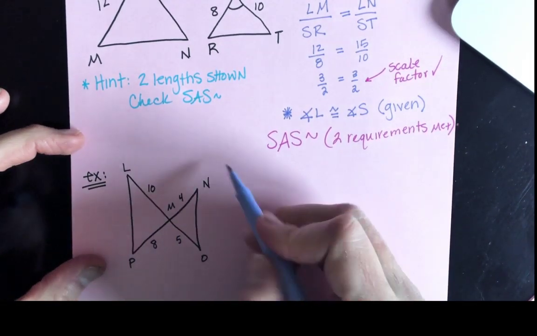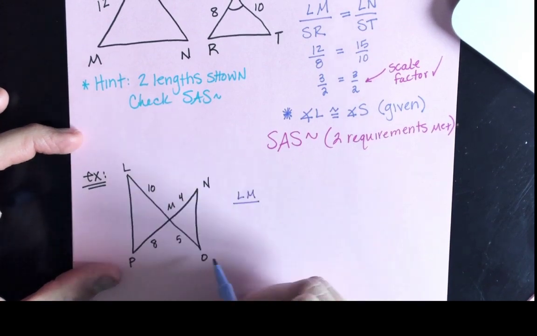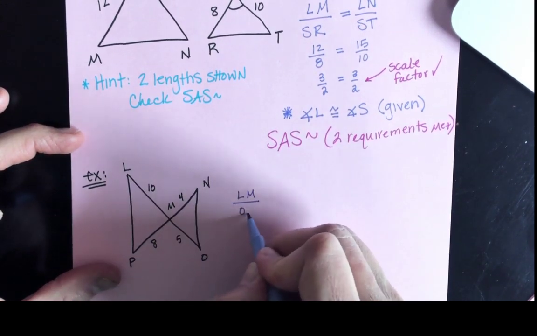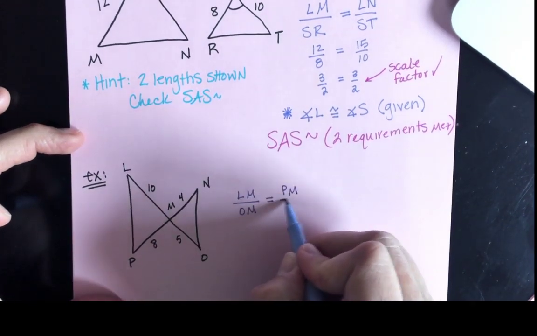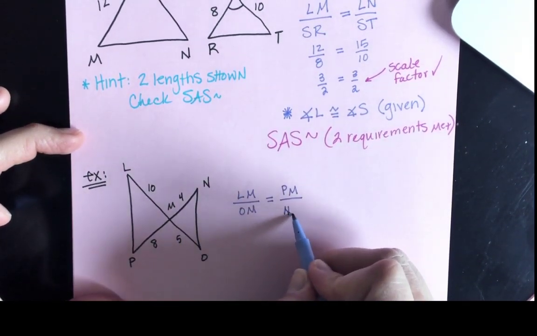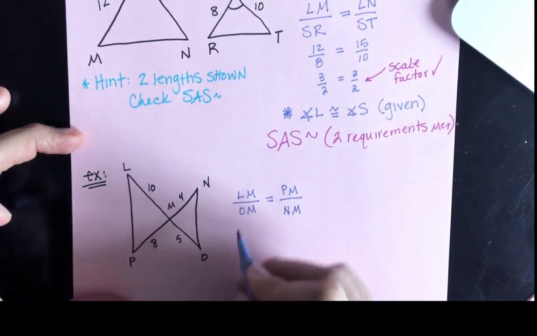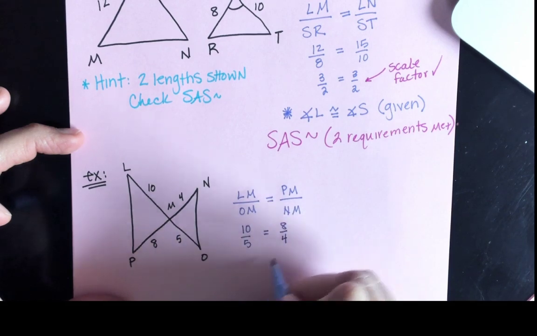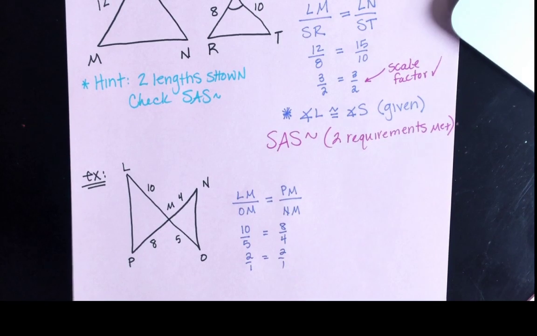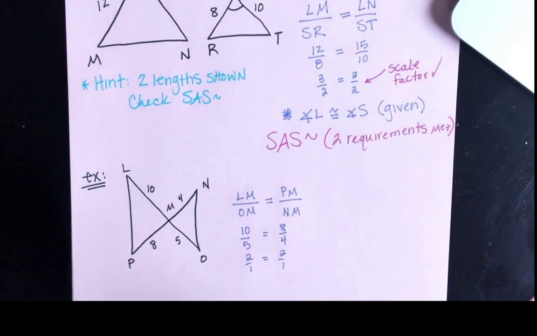Again, longer side, LM, would go with the longer side over here, OM. I'm going to check if PM matches with NM. And we end up with 10 to 5 equals 8 to 4. And we end up with 2 to 1 equals 2 to 1. Now, of course, there's going to be lots of different fractions.